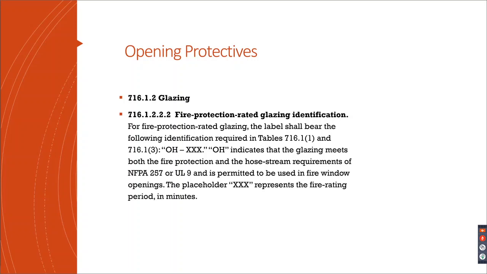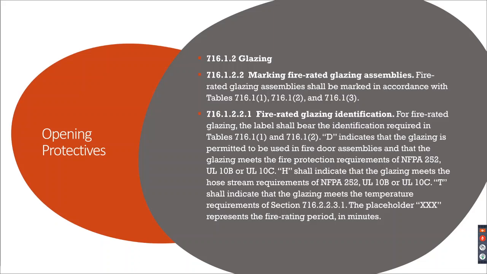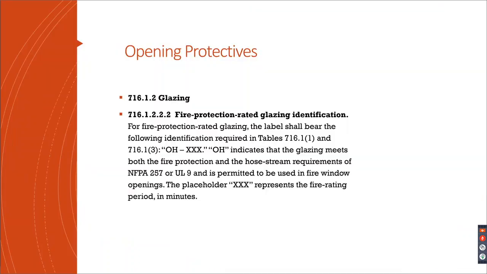So let me back up. The fire rated glazing identification and the fire protection rated glazing identification. Again, the two are different: how was it tested? Was it tested as a wall or tested as an opening? For fire protection rated glazing, the label shall bear the identification required in Table 716.1(1) and (3).